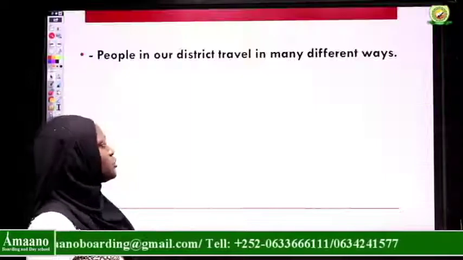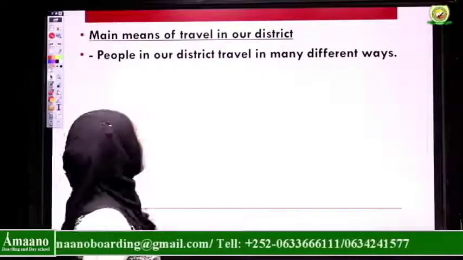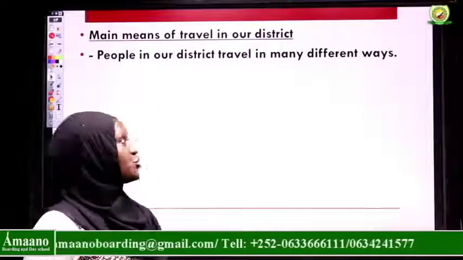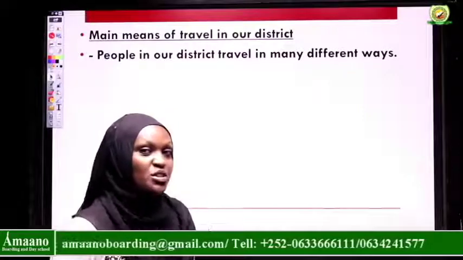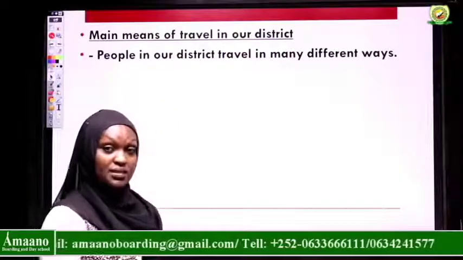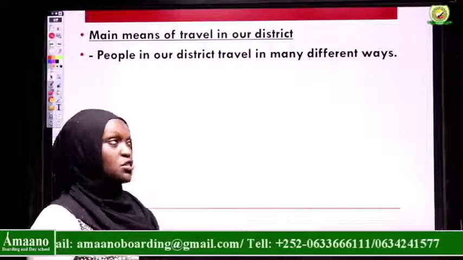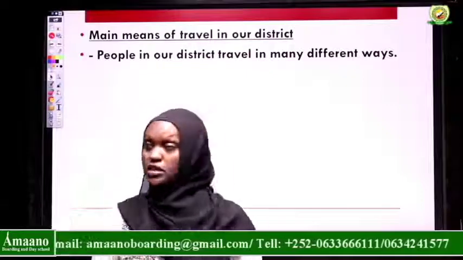Now our subtopic for today, we are going to learn about main means of travel in our district. What do you use, children, to go to school? Some will come to school by bus, some will walk. So we want to learn the main means of transport.